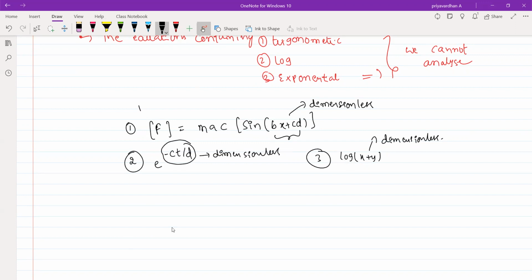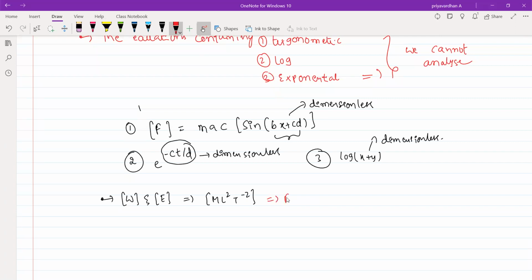Clear? And just tell me, what is the dimension formula for work as well as energy? They are the same: ML square T power minus 2. Usually there will be a confusion with this dimension analysis. So many physical quantities have the same dimension formula.